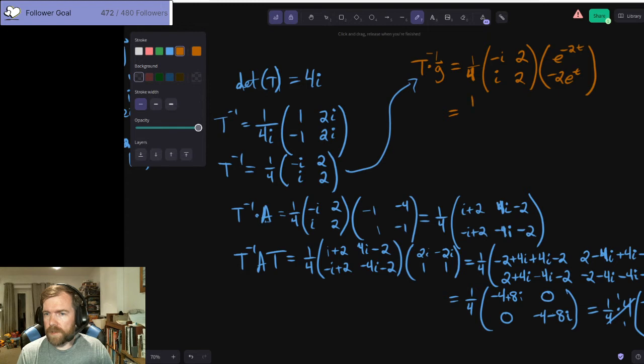Okay, this is going to be 1/4 times the matrix. And this is now going to be negative i e to the negative 2t minus 4 e to the t.